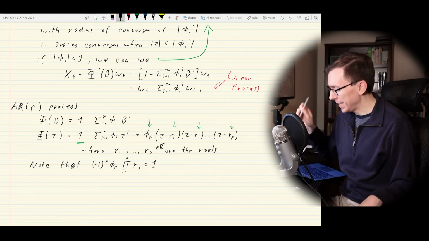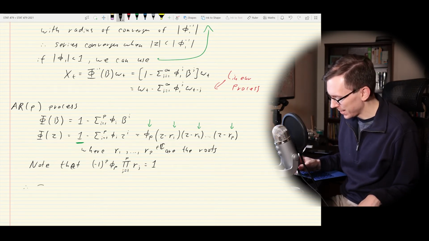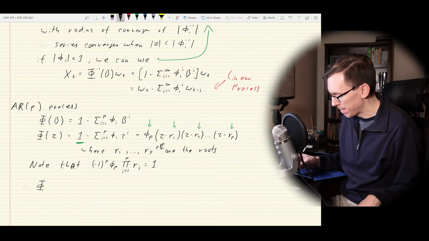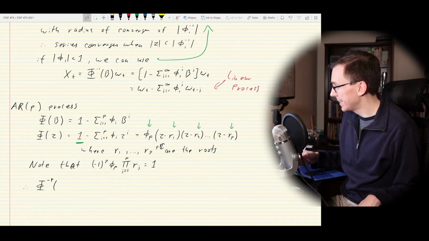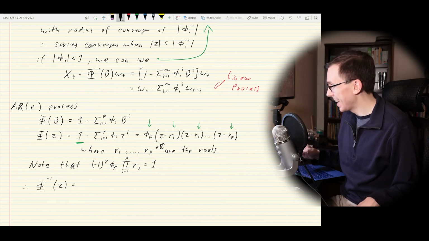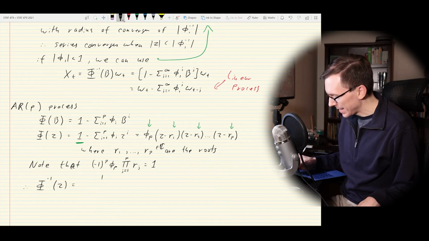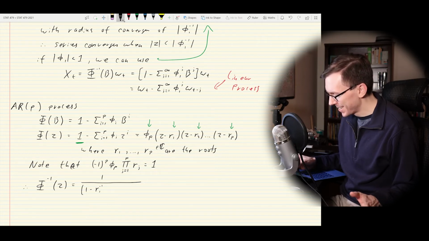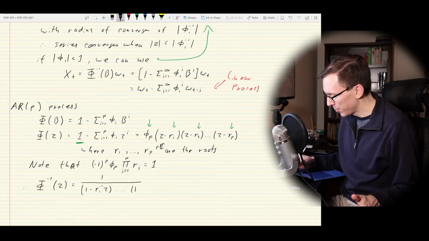And that means, therefore, we can write our phi inverse of, let's say, z. That should be a minus 1, so let's write that again. So this thing now can be rewritten as (1 minus z r1 to the minus 1), so this is the reciprocal of the first root, and then we're going to multiply by 1 minus z times r to the minus 1, all the way up to p.